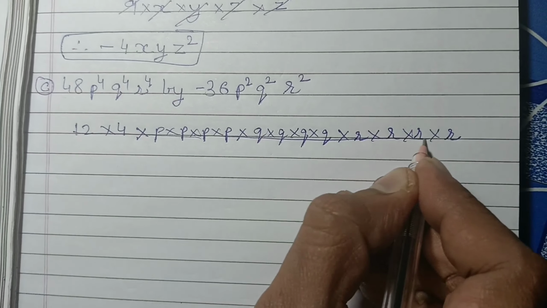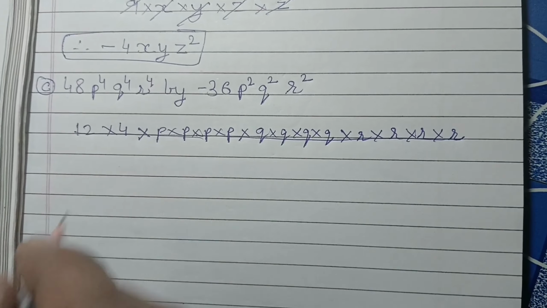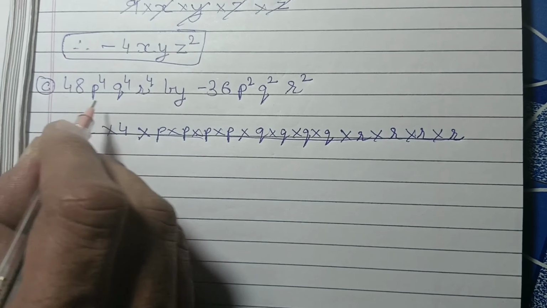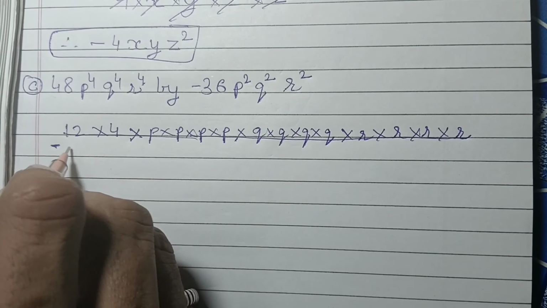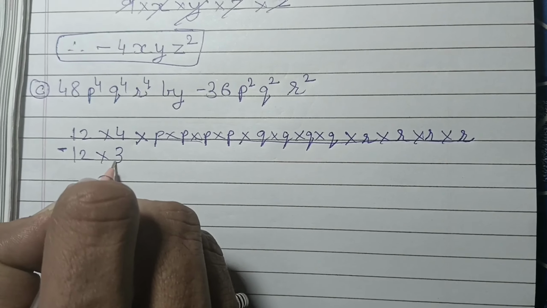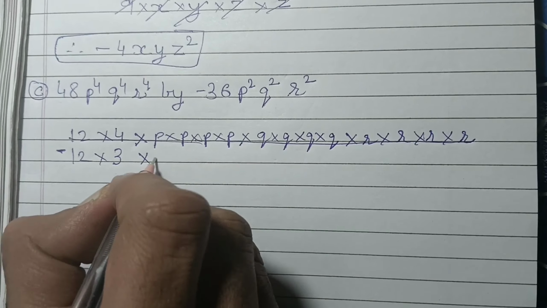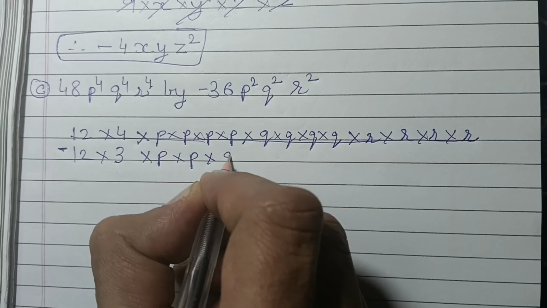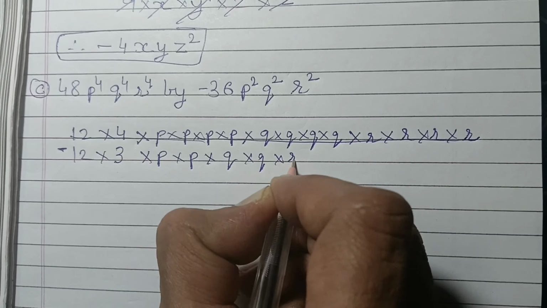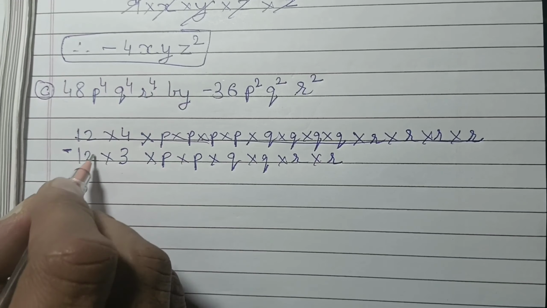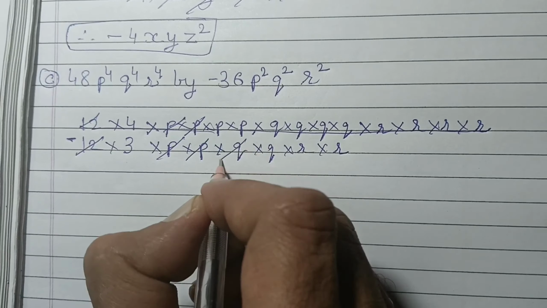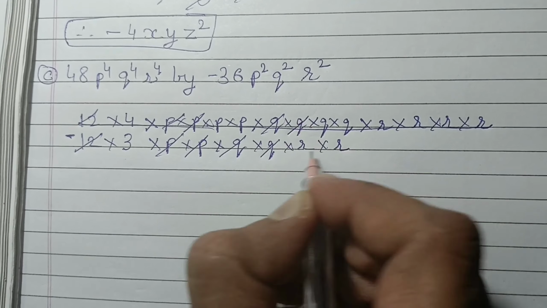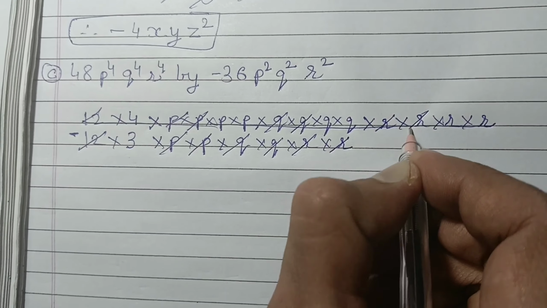We divide these by minus 36. Now we have to write minus 36, so we can write this 36 in terms of 12. So 12 3s are 36 into p 2 times, q 2 times, and r 2 times. We can cut 12 with 12. 2 times p will be cut, 2 times q will be cut, and 2 times r will be cut.